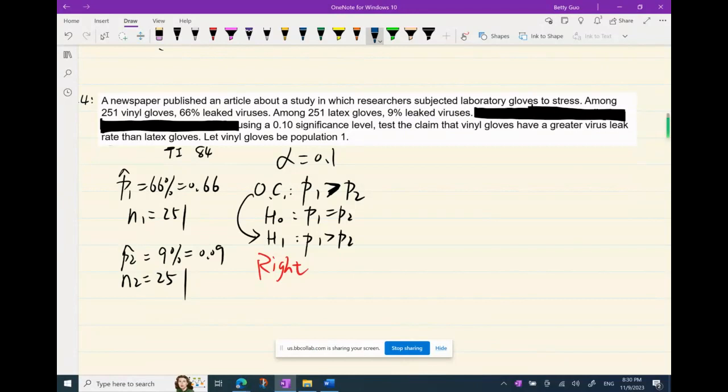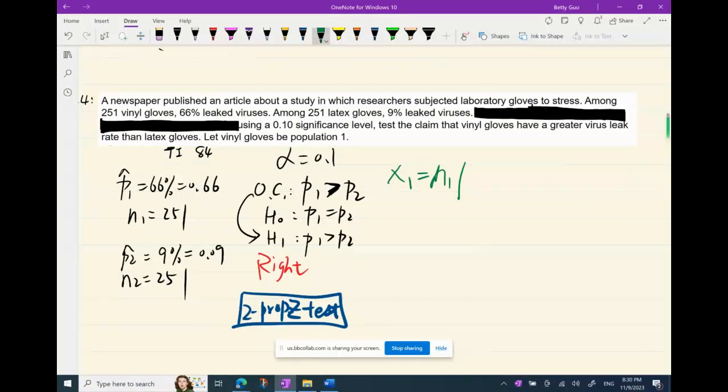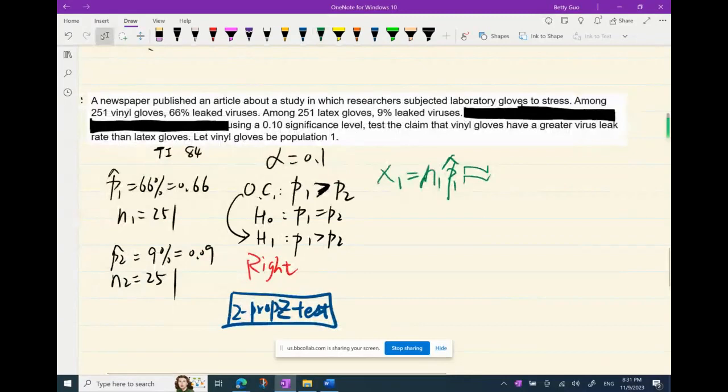So let's go ahead and apply the function, the 2 proportion z test. But when we enter the data, our x1 should be n1 times p1 hat. You have to round it, unfortunately.